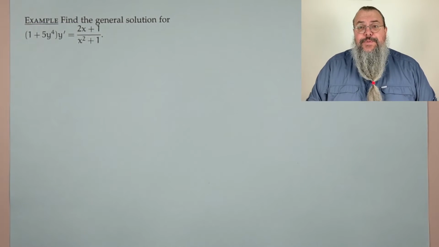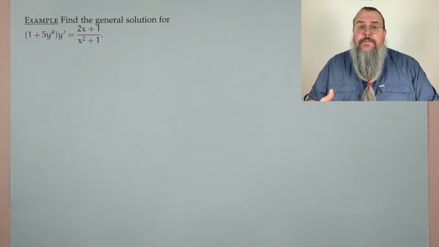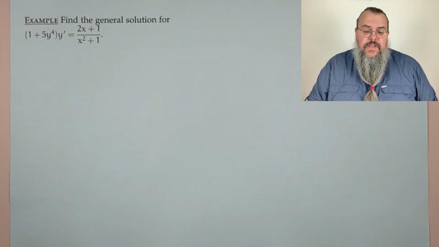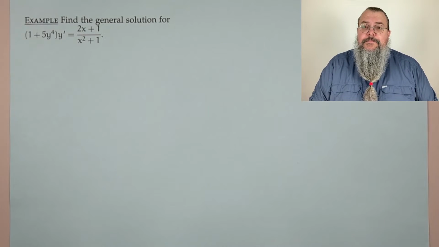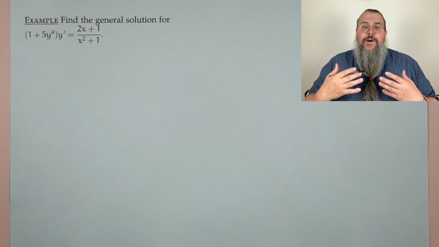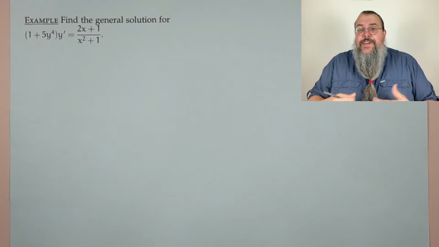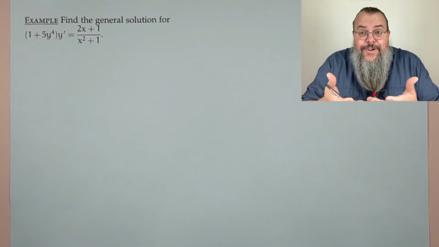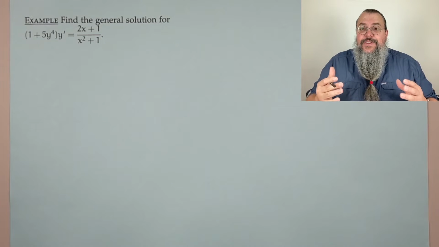Our first example. Find the general solution for (1 plus 5y to the 4th) y prime is equal to (2x plus 1) over (x squared plus 1). All right, now, what's going on here? It's separable. In fact, they already handed it to us in its separated format. So life is good.